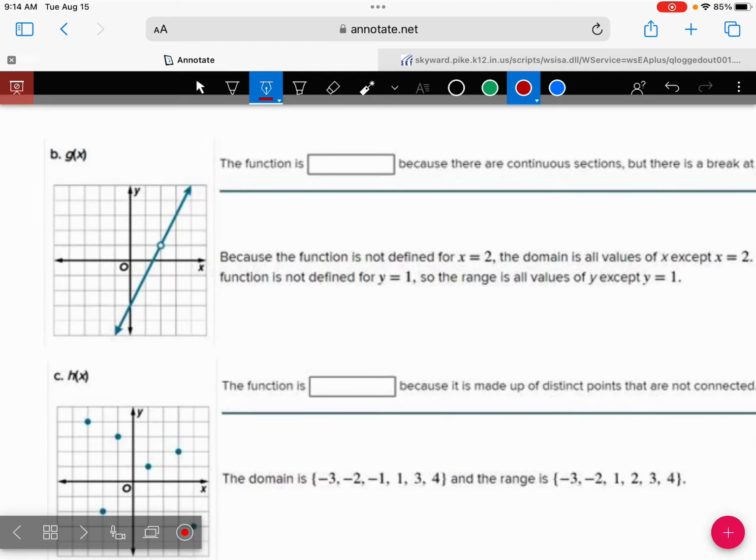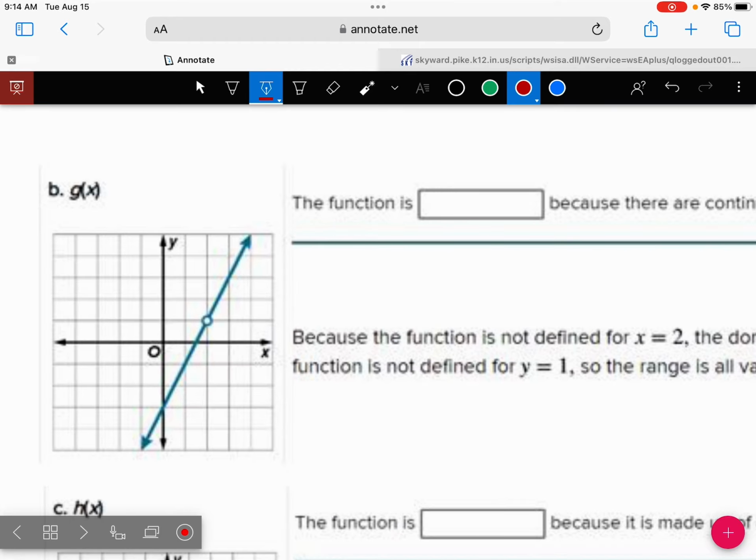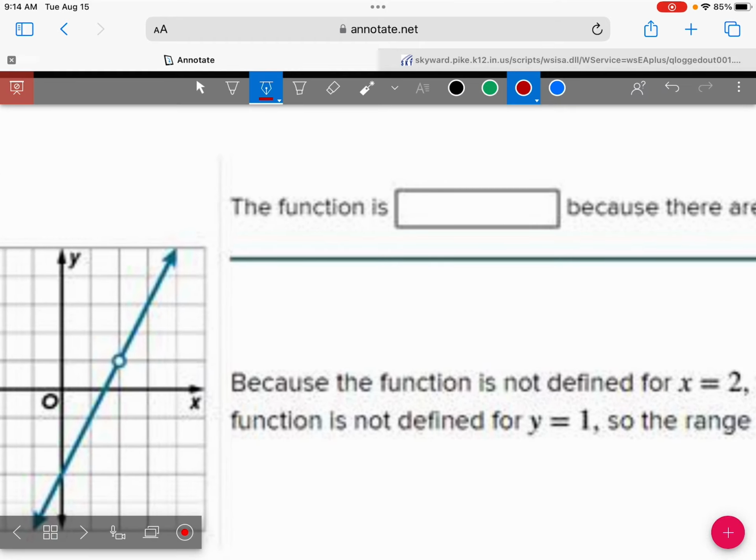All right, I'm going to zoom in really closely to this graph so you can see that. Do you notice how we have an open circle there? That's a discontinuity. So this graph is not continuous. This is actually neither. You can say neither, or you can say it's discontinuous.